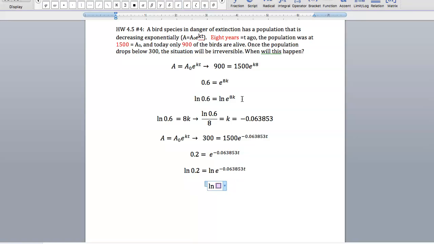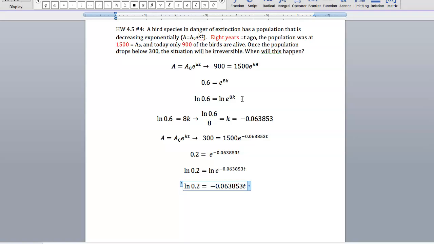So next, natural log of 0.2 equals, I'm just going to end up with what was up in the exponent before, and I don't think I can get out of typing it again, negative 0.063853 times t. Now all that's left to do is divide.